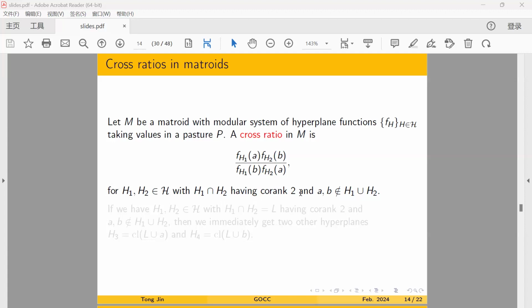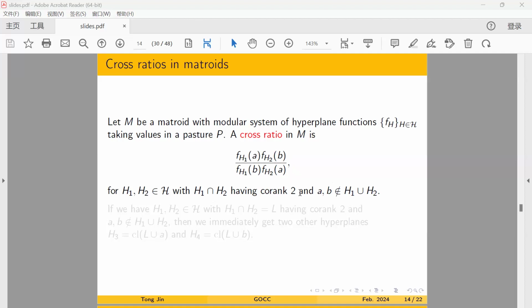And we assume furthermore that we are able to find elements A and B outside of H1 union H2. A and B here can be the same, but if you wish to get a meaningful non-degenerate cross ratio, you probably want A not equal to B. Now the cross ratio is given by the quotient of fH1(A) times fH2(B) over fH1(B) times fH2(A).